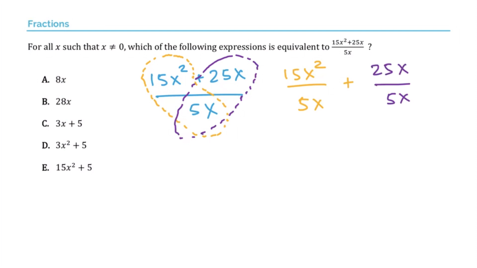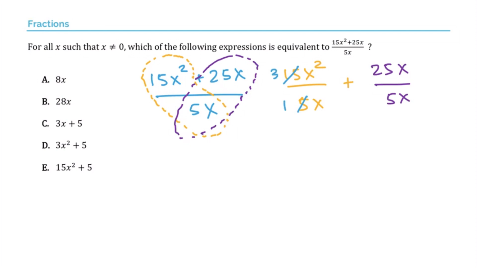So what we end up with here is, again, we took this single fraction, how we were adding on top, and we've separated it by preserving the denominator in both parts. That 5x is the same on the bottom of both. And now we can simplify each part. So the 15 over 5, I can simplify to be 3 over 1.